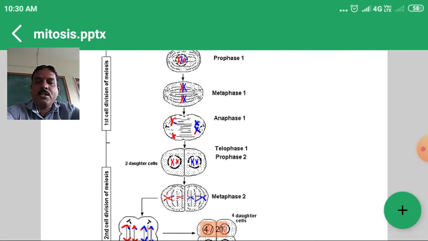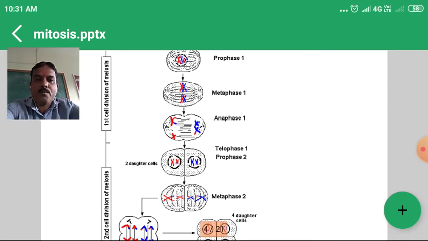In the case of meiosis cell division, two types of divisions occur. First one is the reductional division, also called meiosis first, and second one is the equational division, called meiosis second. In reductional division, from one diploid cell, that is 2n, two haploid cells are formed in meiosis first.